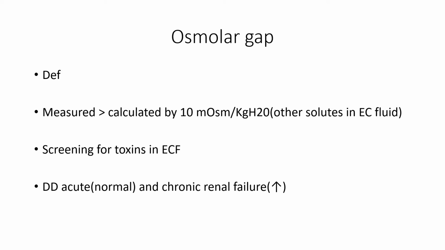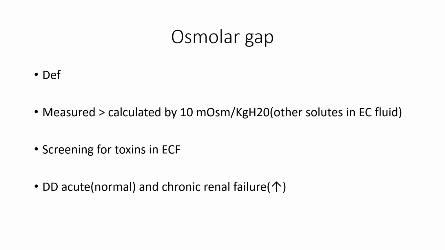The osmolar gap is defined as the difference between the measured and the calculated serum osmolality. Normally, the measured is more than the calculated by about 1/10, or by a maximum of 10 milliosmol per kilogram water, due to the presence of other solutes in the extracellular fluid.